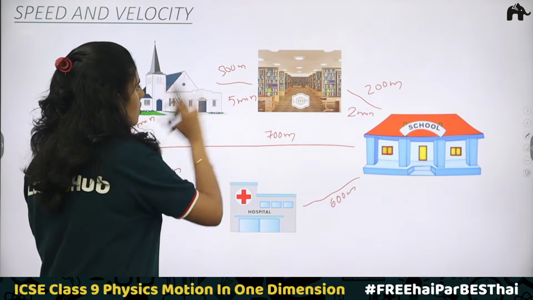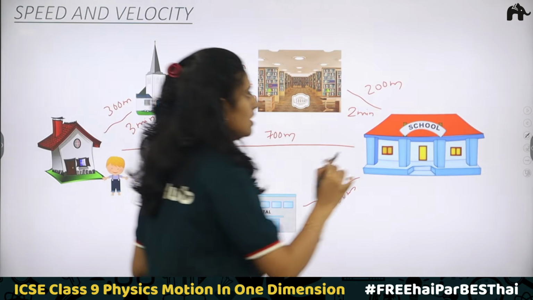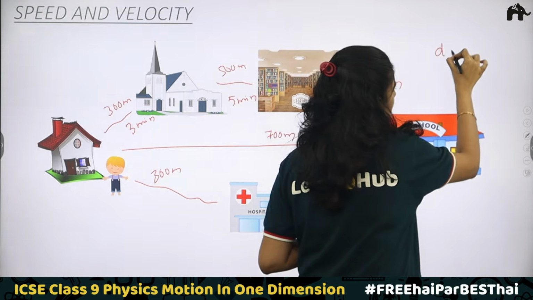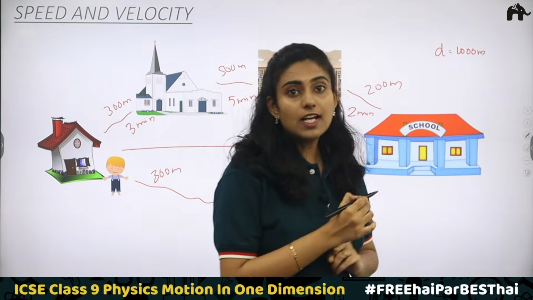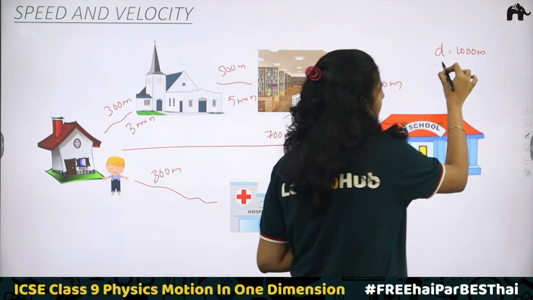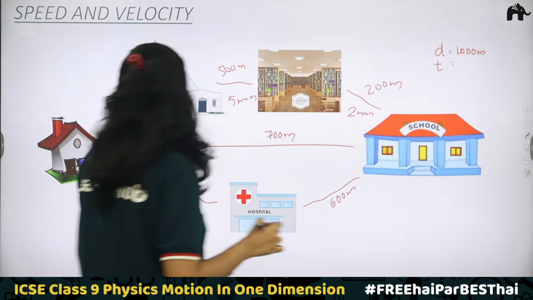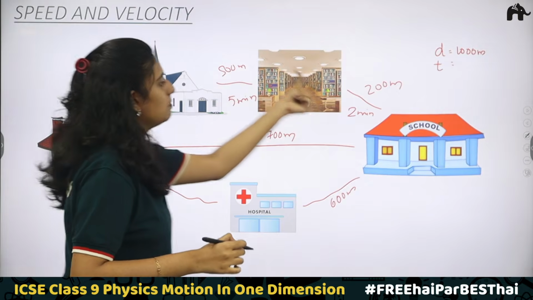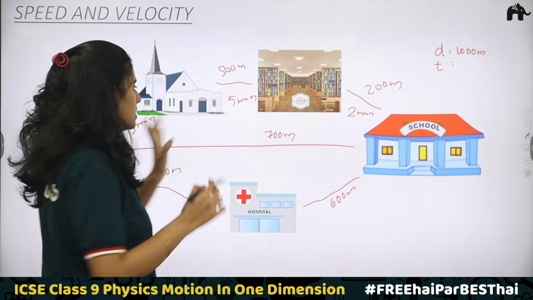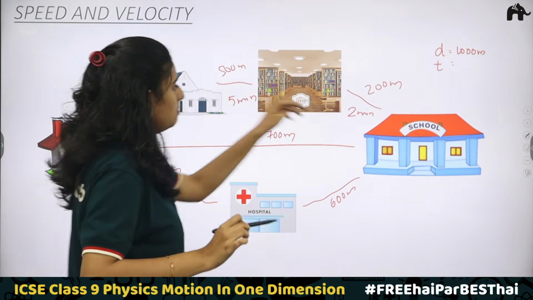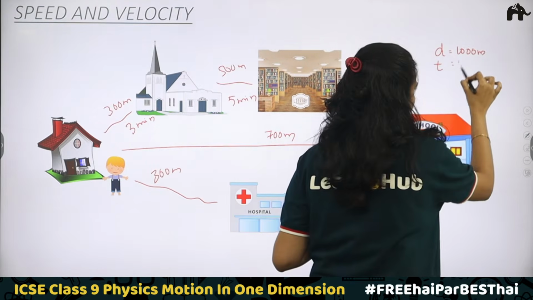So what is his total distance travelled? Total distance is equal to 1000 meters. What is the total time taken? Total time taken is equal to 3 minutes plus 5 minutes plus 2 minutes. To start from his home and reach the school he has taken 3 plus 5 plus 2, which is 10 minutes.